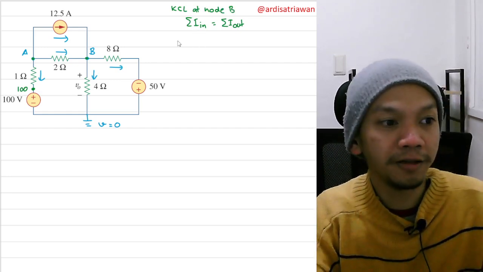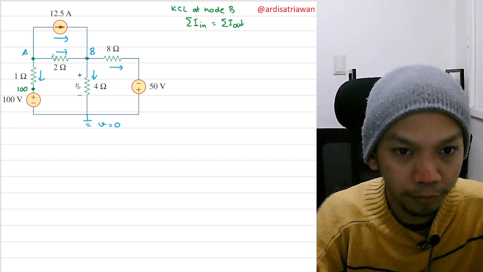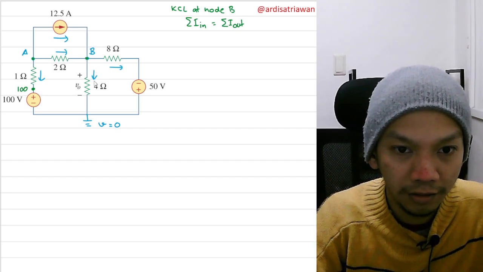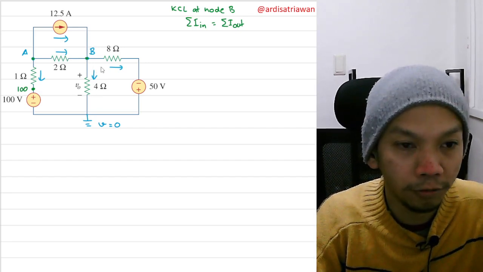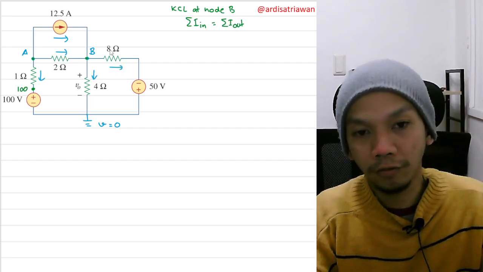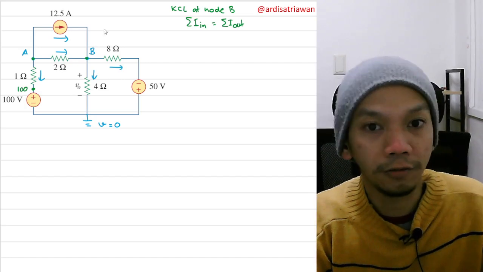Okay, let's inspect node B first. So I will have this current here going into node B, this current here also going into node B, and this current is going out from node B, and this current here is going out from node B. So we have two currents that go in and two currents that go out.